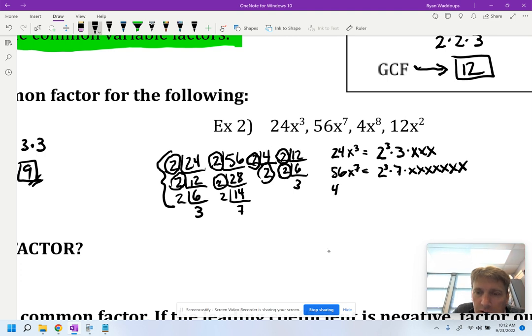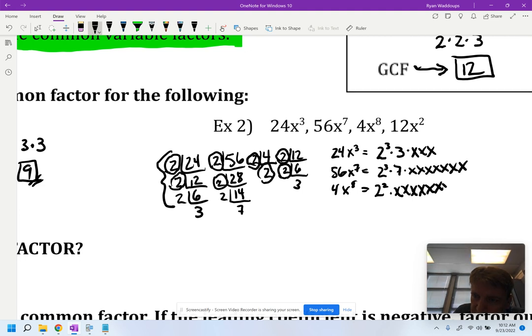And 4x to the 8th is 2 squared times x, 1, 2, 3, 4, 5, 6, 7, 8. And 12x squared is 2 squared times 3 times x, x.